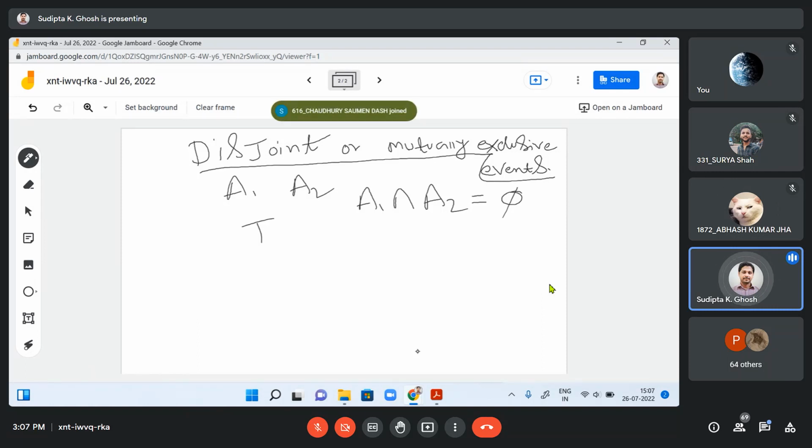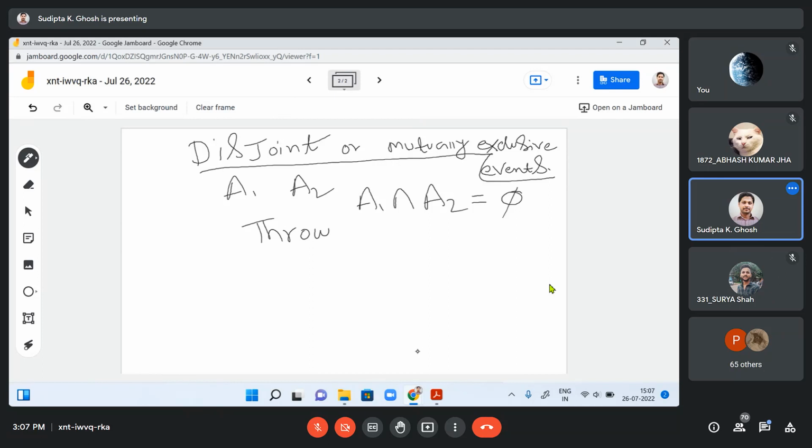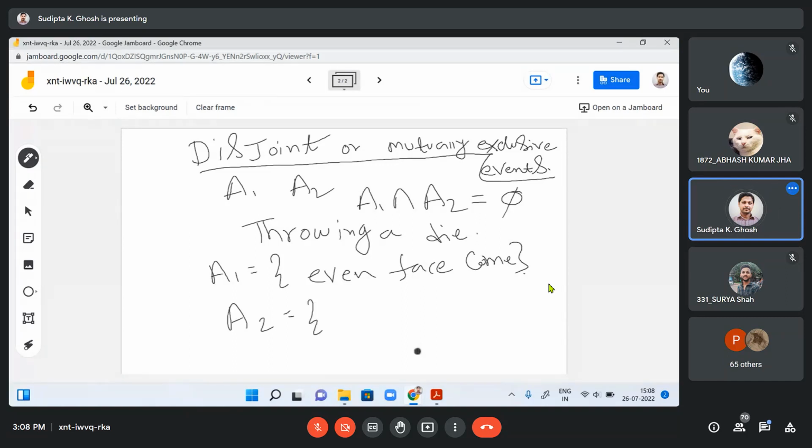Giving an example. Suppose you are throwing a die, and suppose A1 is the event that an even phase comes, and suppose A2 is another event such that an odd phase comes.